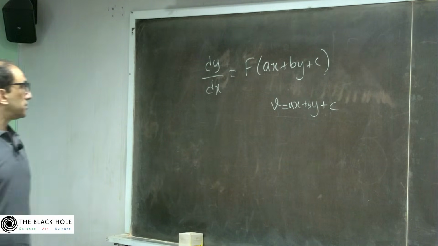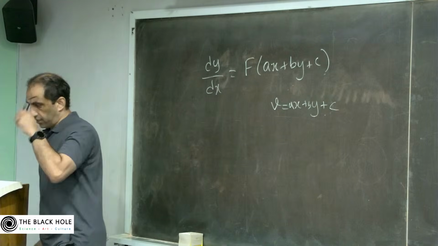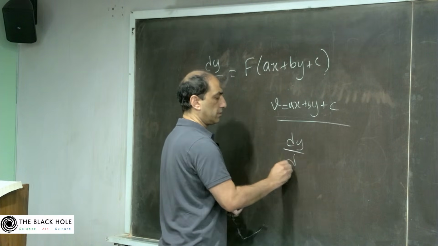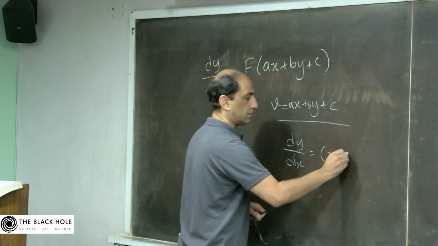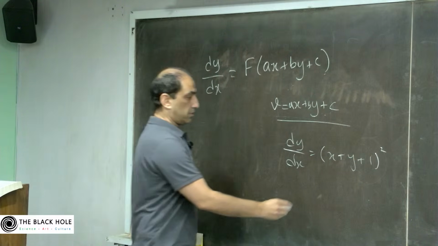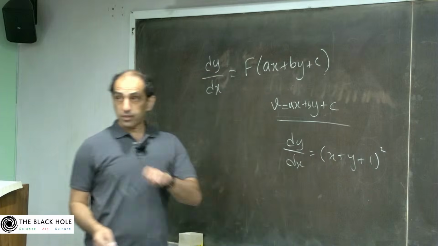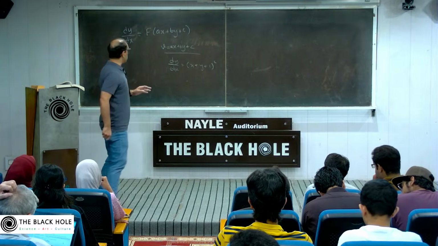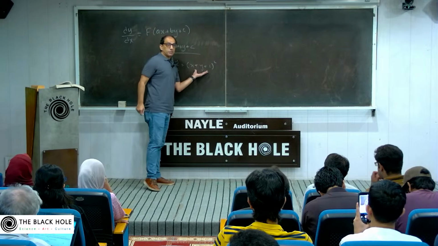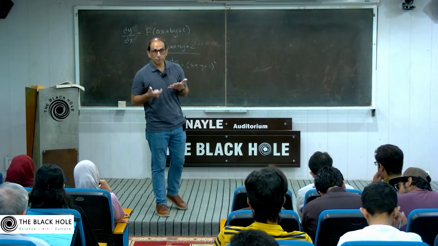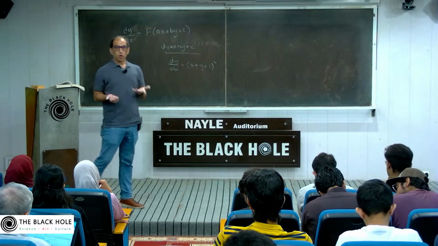Okay. For instance, he has given an example here, so let me try and write. So this is very simple now. Again, you must understand that the problem stems from the fact that you have something written in the form that you can't write in terms of a separable equation. And now you have to devise some way to solve this.